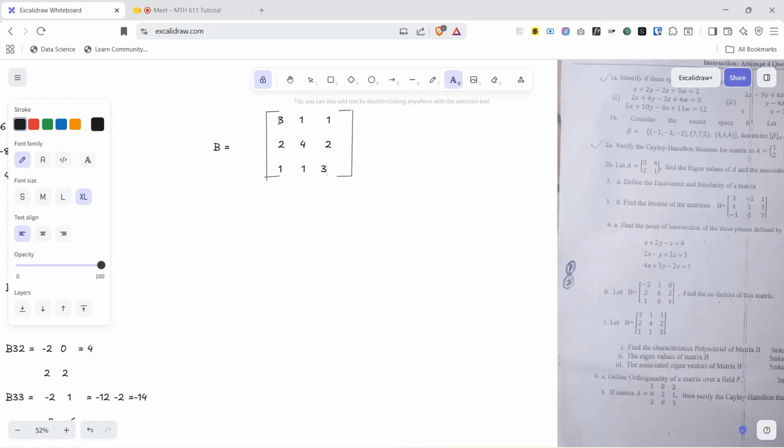We are told to find three things. One, the characteristic polynomial of matrix B. That is what we want to find. And the characteristic polynomial of matrix B is just something like this.